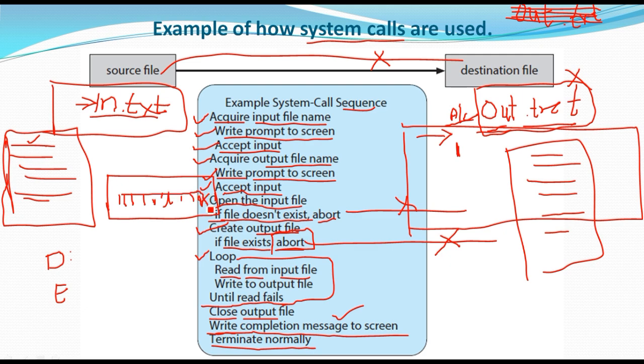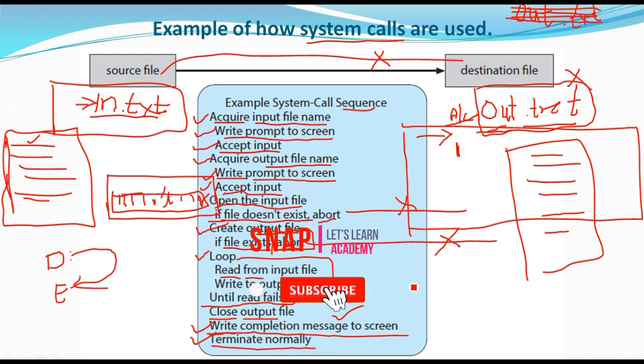Once this 100% progress completes, all the files from D to E are copied. It will show you that all the files are copied. That is the write completion message, and the termination takes place. So normal termination takes place. This is how the system calls are generated for this example. Hope this example is understood by you.